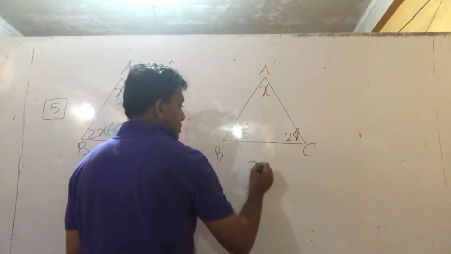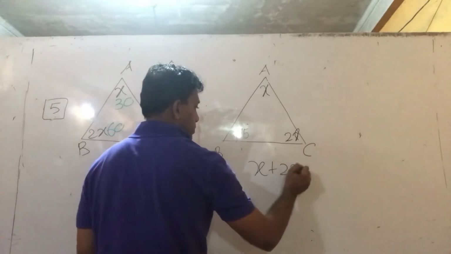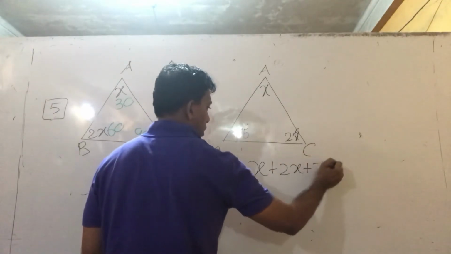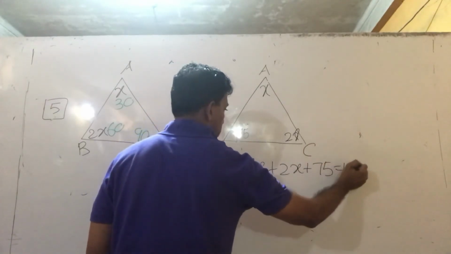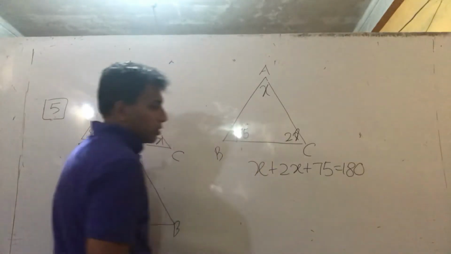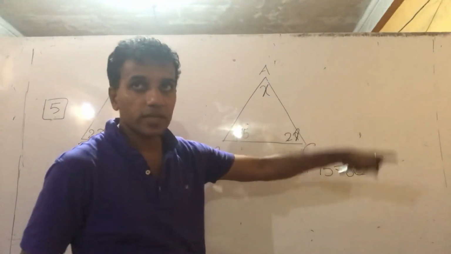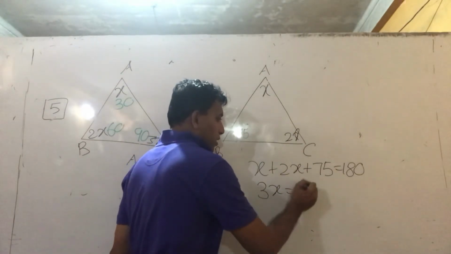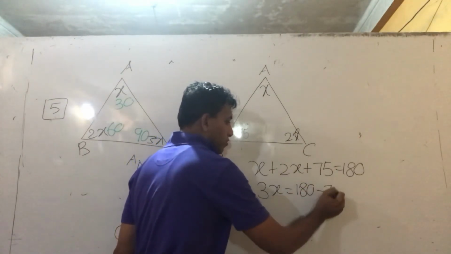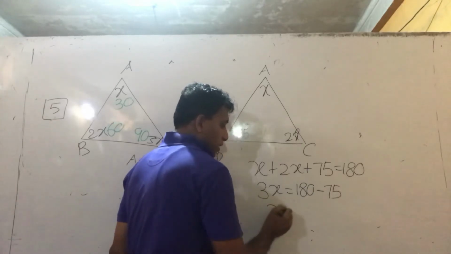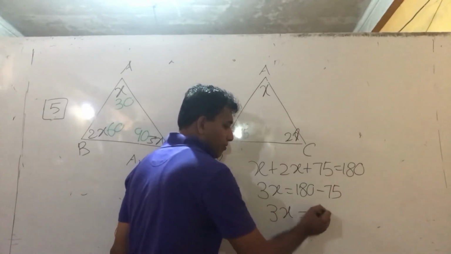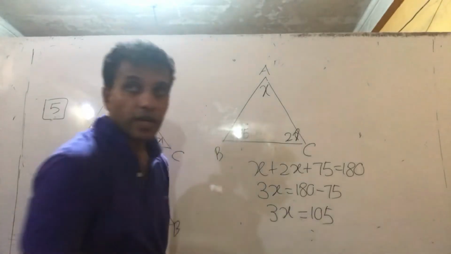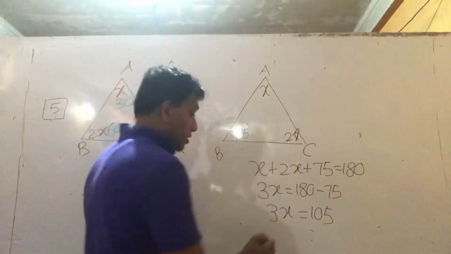So x plus 2x plus 75 is 180. Take the 75 to the other side. 3x equals 180 minus 75. 3x equals 105. So what is 1x? Divided by 3.